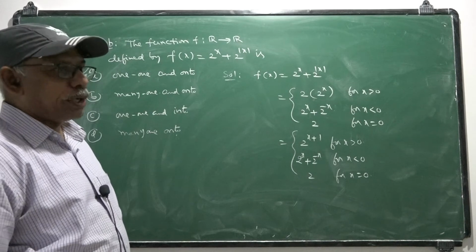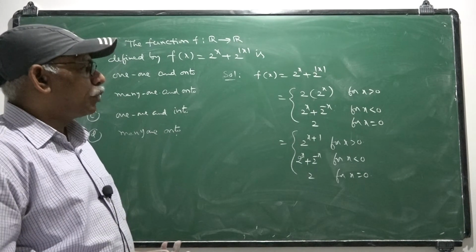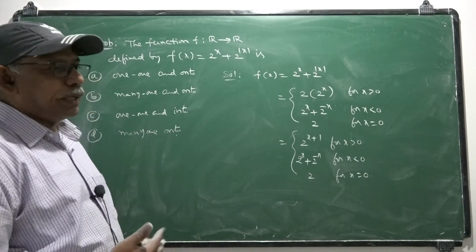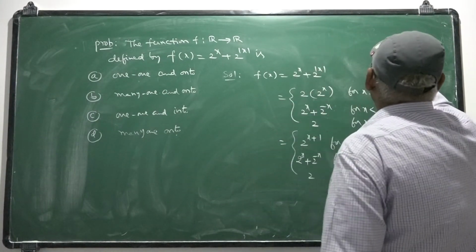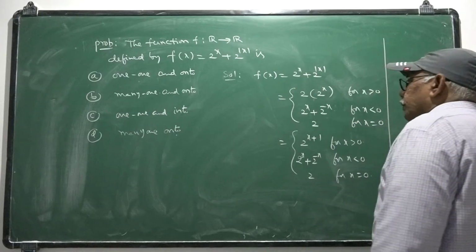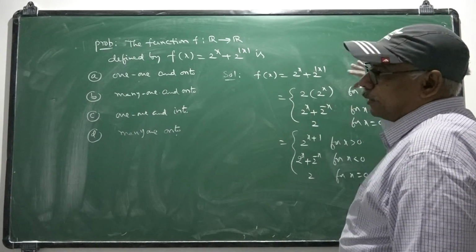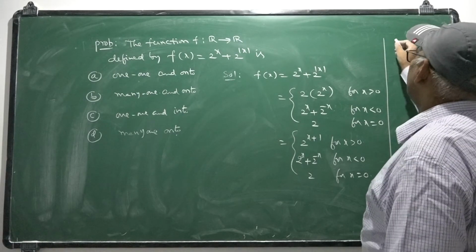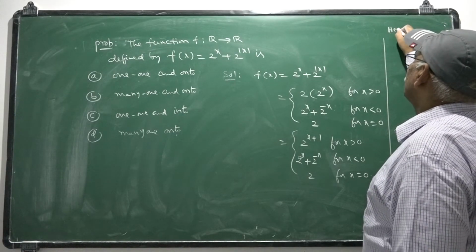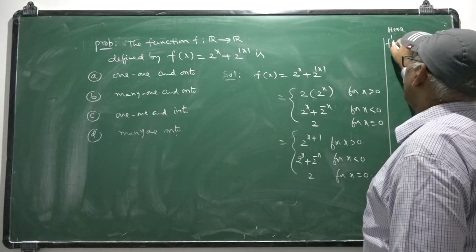Once it is strictly monotonic, either strictly increasing or strictly decreasing, then the function is clearly one-one. So for that, let us observe the first derivative, f dash x.